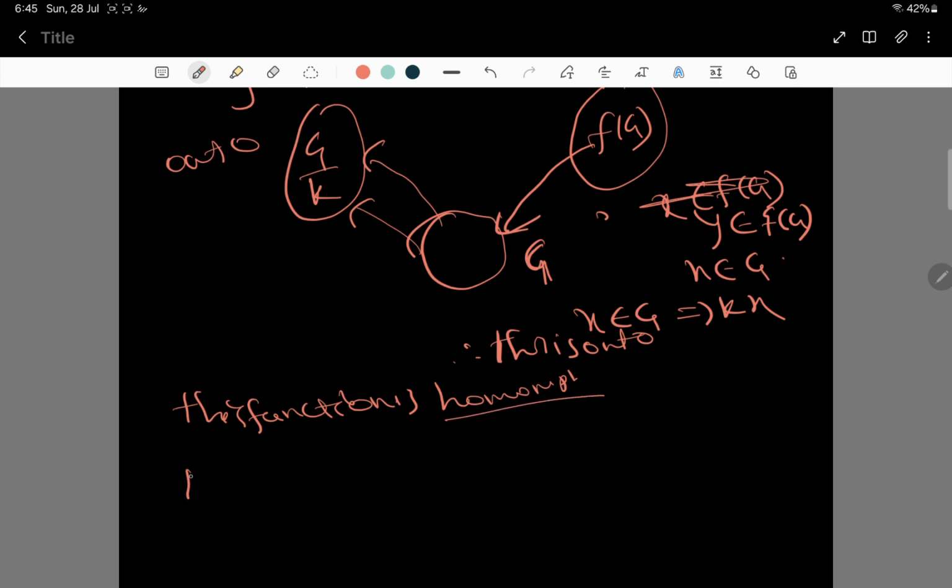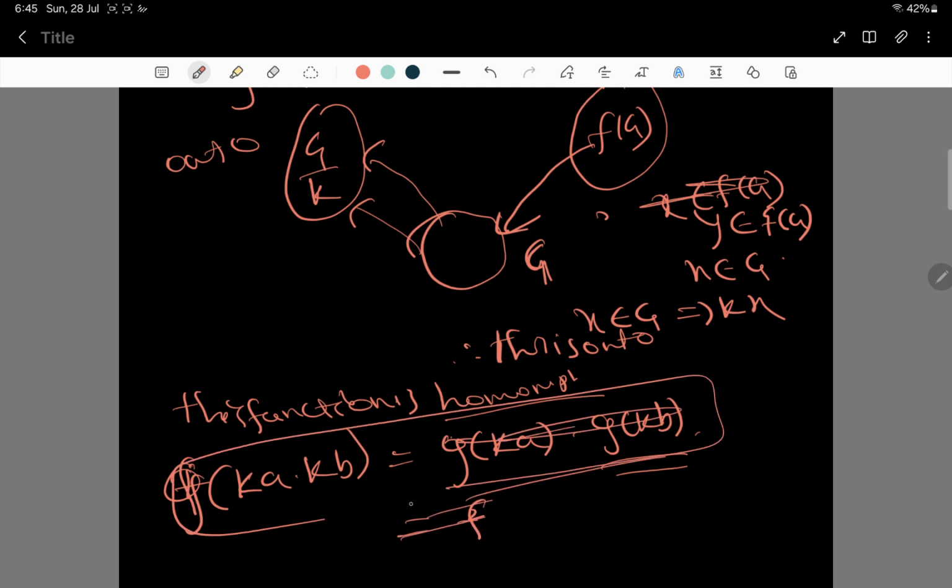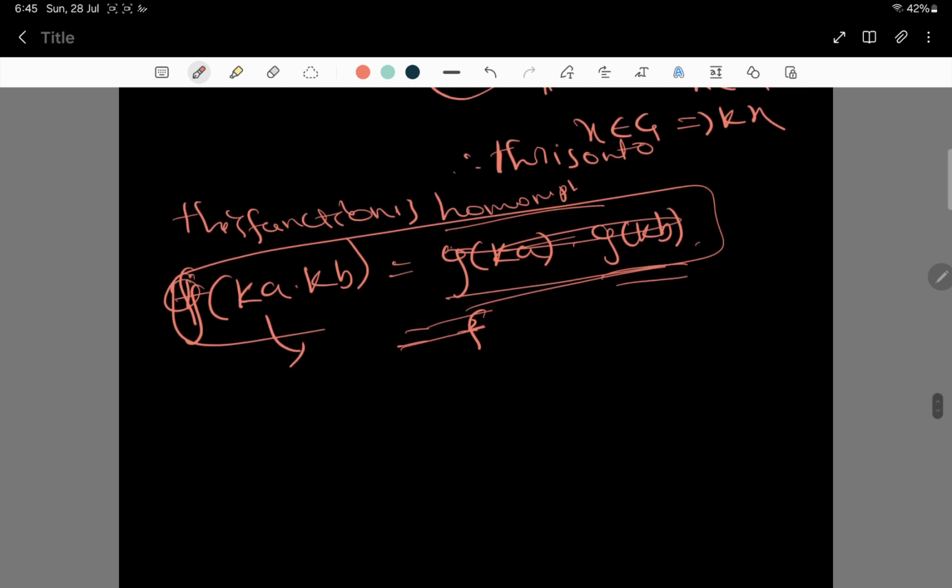So g of Ka into Kb, if we show that it will be g of Ka into g of Kb, then we are done, right? So now consider this one. Ka into Kb will be Kab, so g of Kab.